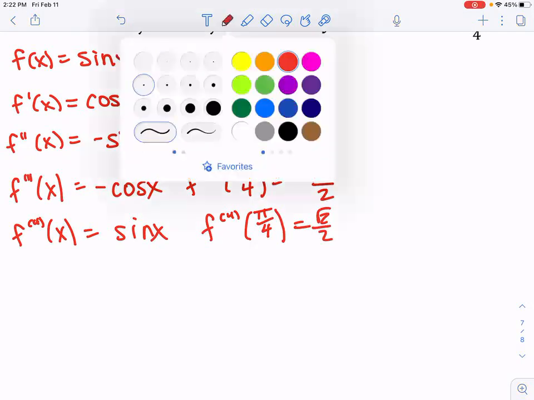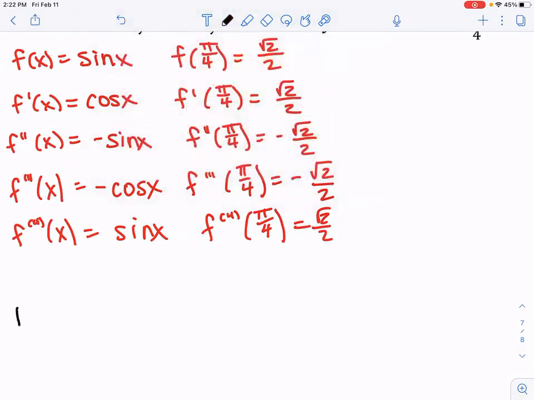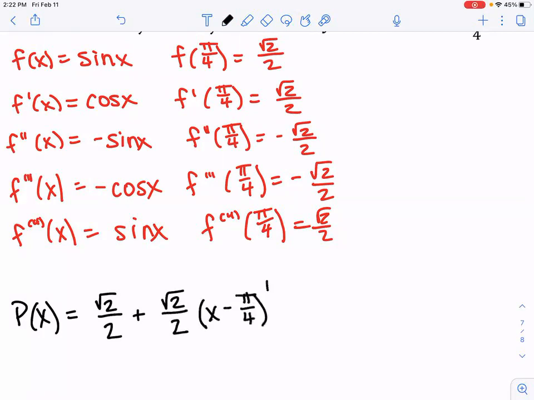Okay, so what's going to happen is when we find our polynomial, we are going to take f of pi over 4. And we're going to add the first derivative over 1 times x minus a to the first. Remember, we're centered at x equals pi over 4. We're not centered at 0 anymore.